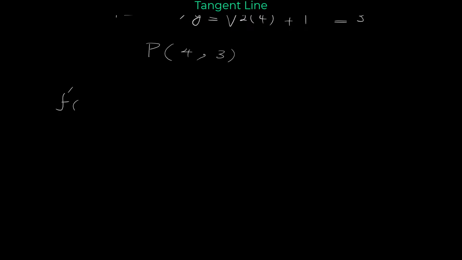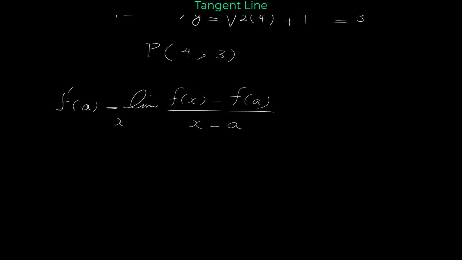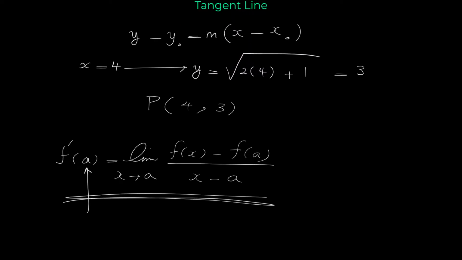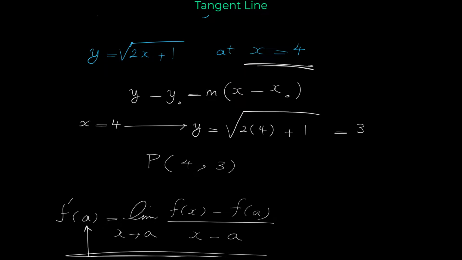First, I am going to use this formula: f prime of a equals the limit of f of x minus f of a over x minus a as x approaches a. This formula is for the point a, where the x coordinate of the point is a. But here the x coordinate of the given point is 4. So in this formula I have to replace a with 4.